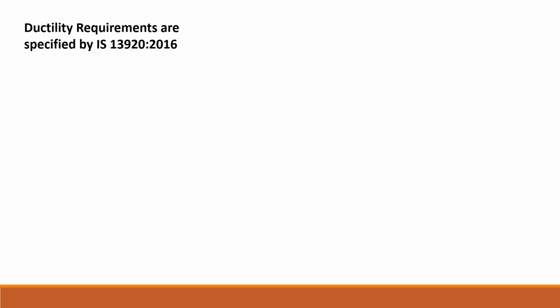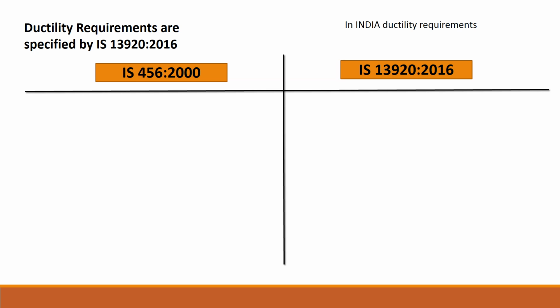There are ductility requirements which are specified by IS 13920-2016 in the context of Indian codes. These are the ductility requirements which are listed here in the rest of the lecture.